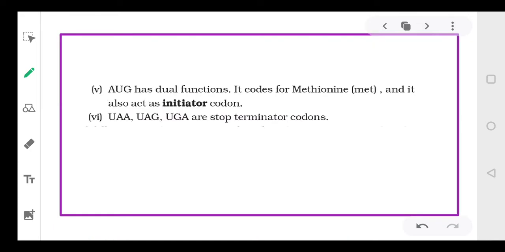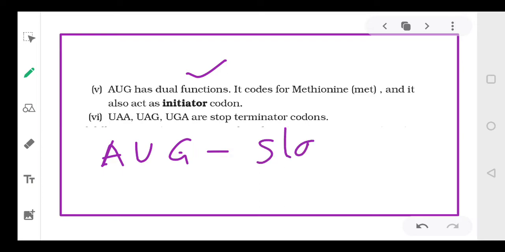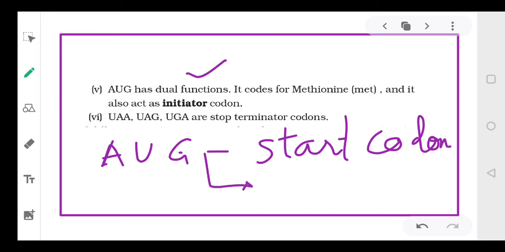Now second, AUG has dual function. As we have spoken in earlier videos also, AUG is your start codon. And secondly, it will code for the amino acid methionine, right?